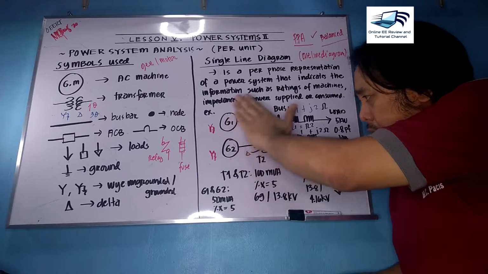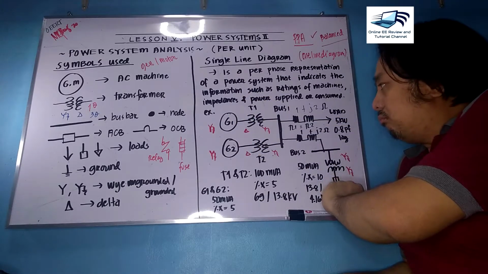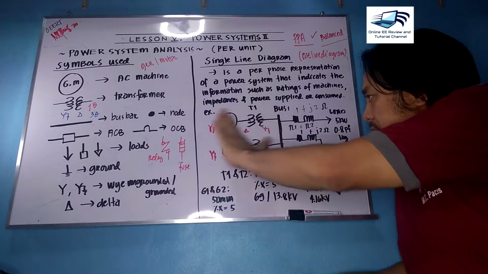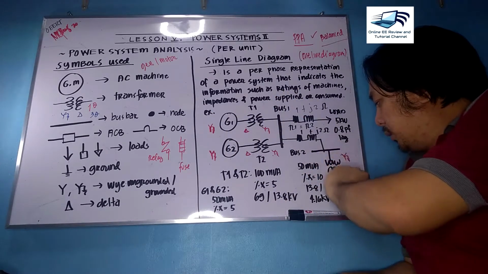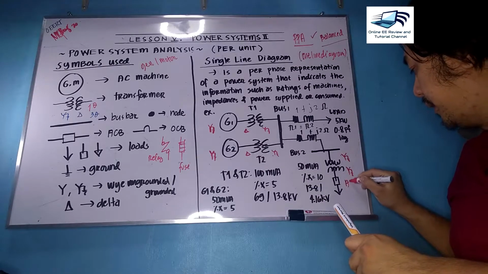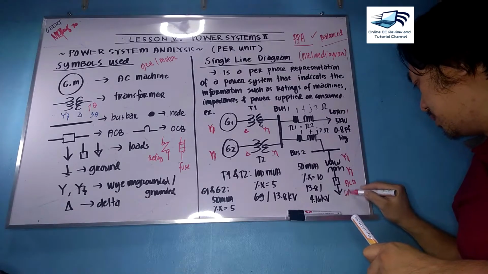You can see here 2 generators, 3 transformers, and a bus that connects your loads and your sources. You have 2 transmission lines, an air circuit breaker, and another load here, which if this is load 1, I could say this is load 2.